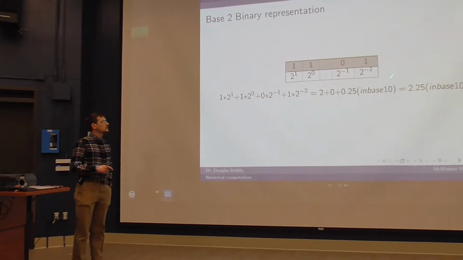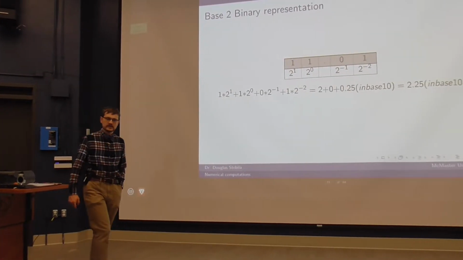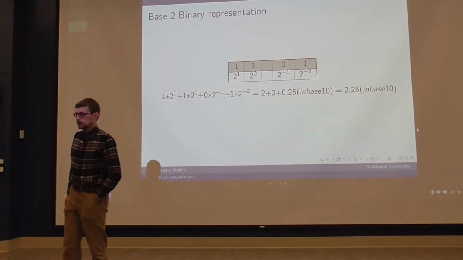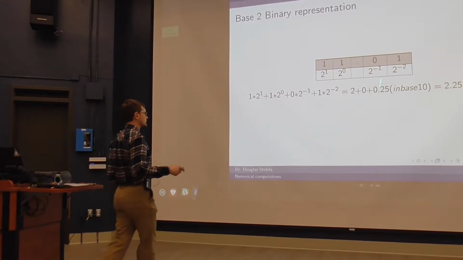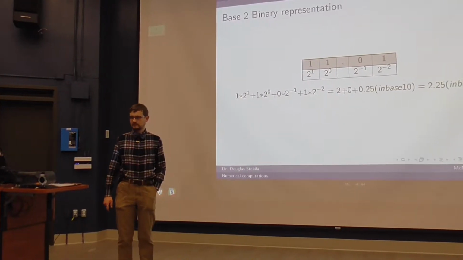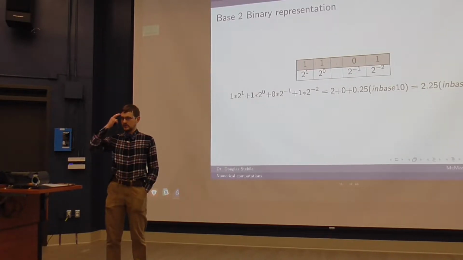So, if we were to represent fractional numbers inside of the binary system, we would be doing so in almost precisely the same manner as we do in the decimal system, except the base is 2 now.